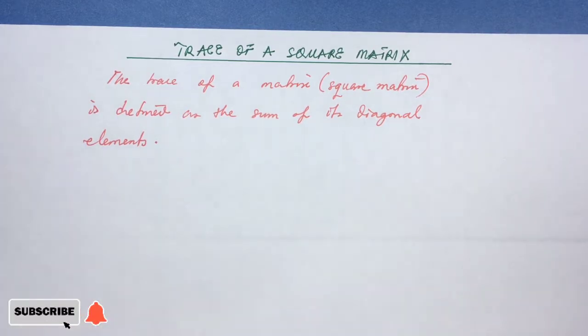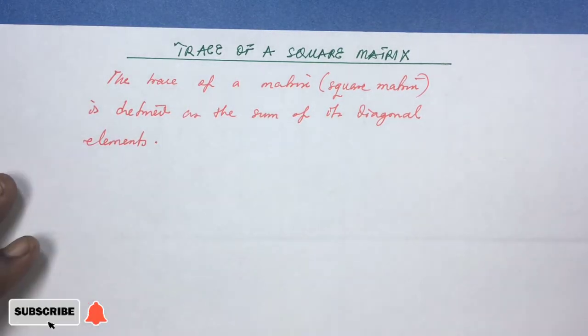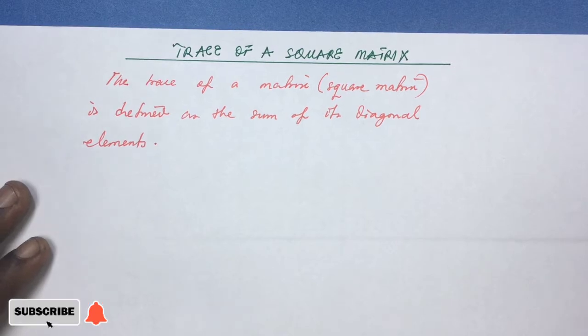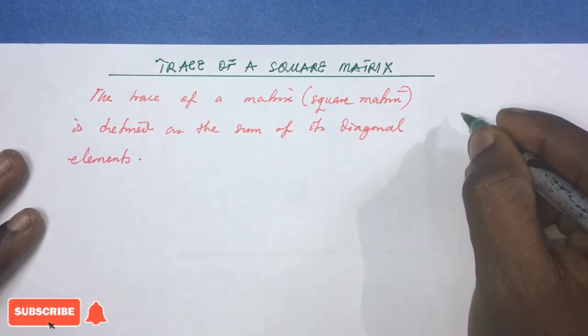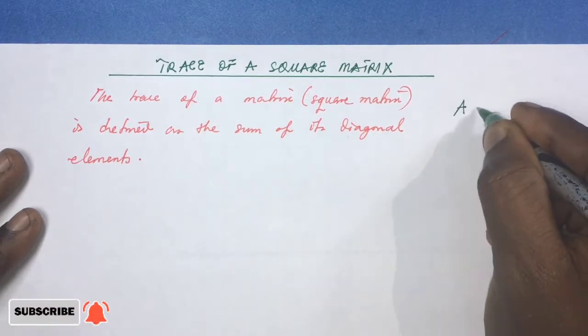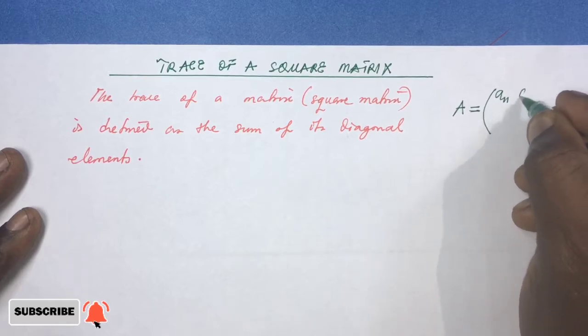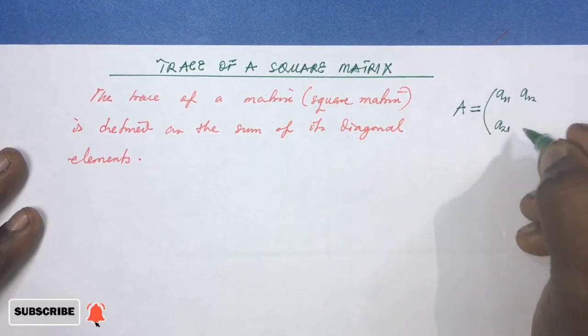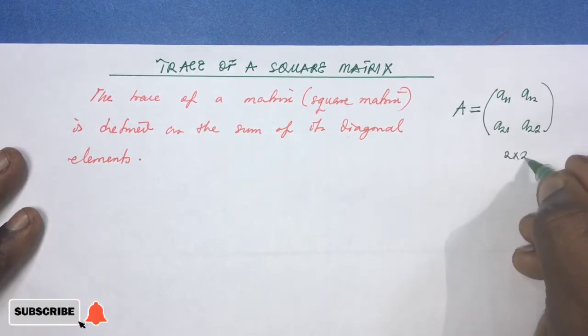One is called the principal diagonal and the other one is called the auxiliary diagonal. Just to be sure that you remember, I'm going to put here, for instance, a square matrix A11, A12, A21, and A22. So this is a 2 by 2 square matrix.